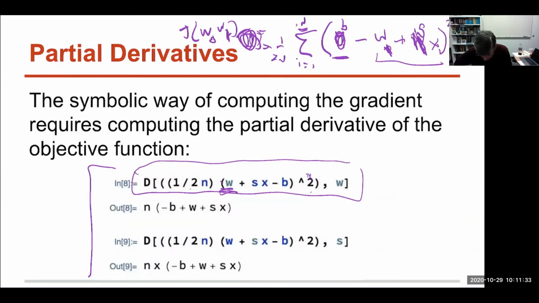That cancels out the 2, which was part of your earlier term. If we took the partial derivative with respect to s, the slope, it's a little more complicated because s is being multiplied by x. So we get this on the outside.